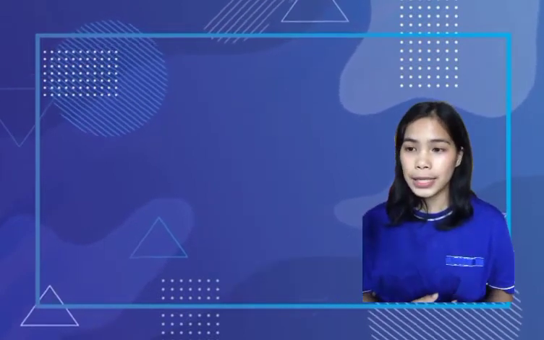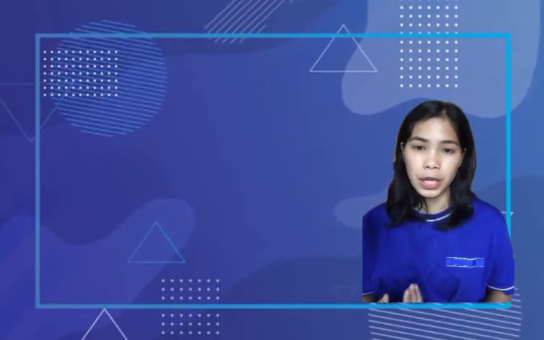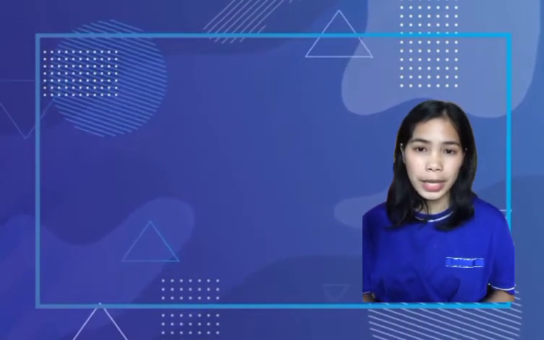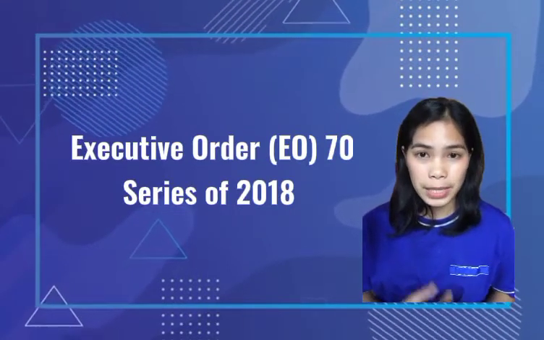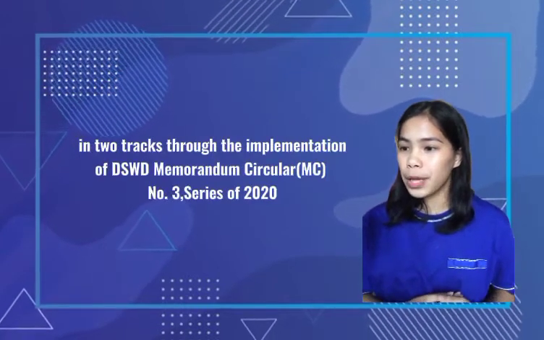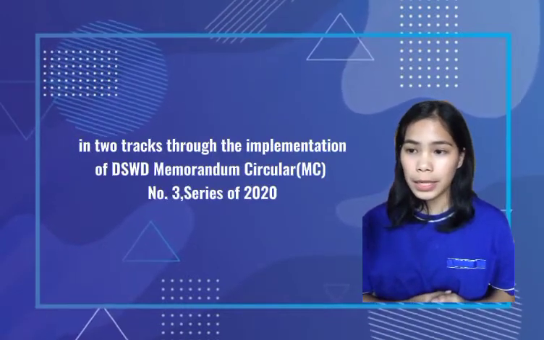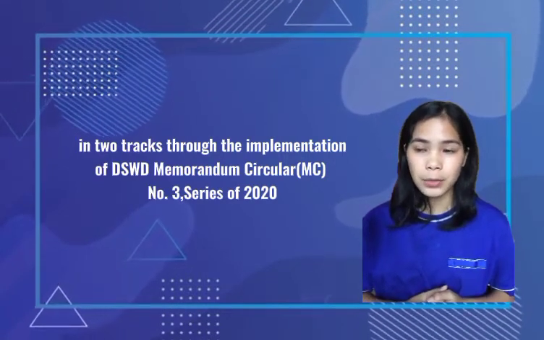As the lead agency in social protection, the DSWD provides intervention following the Peace Agenda of Executive Order 70, Series of 2018, in 2 tracks, through the implementation of DSWD Memorandum Circular Number 3, Series of 2020.